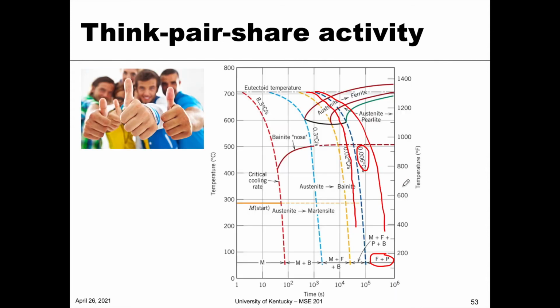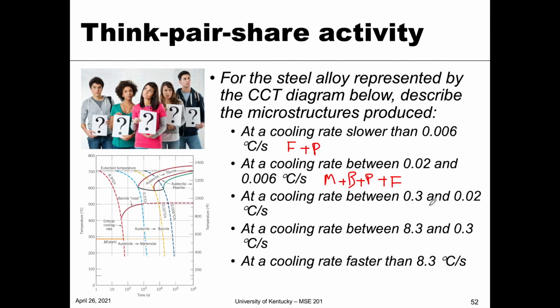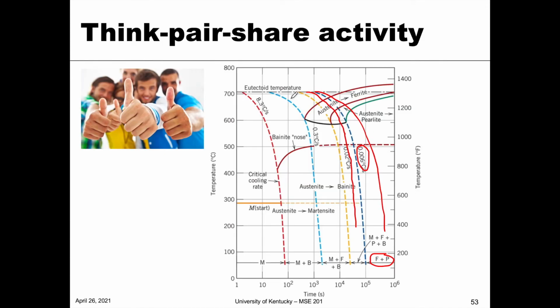All right. So the next one was between 0.02 and 0.3. Let me just double check. Yep. So we're talking about cooling rate here. So here we do form ferrite, but we don't start to form pearlite because that's over here indicated by the yellow line.